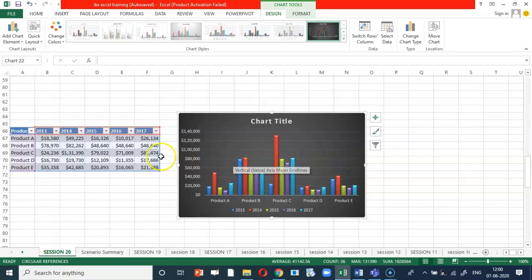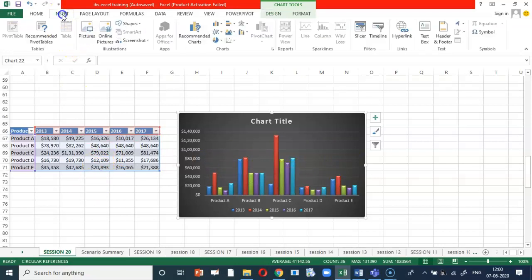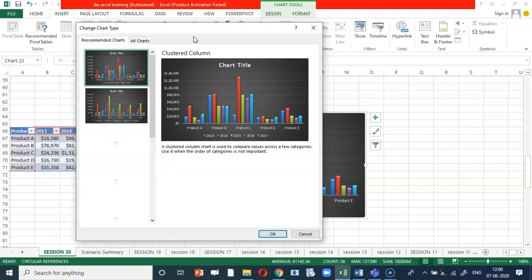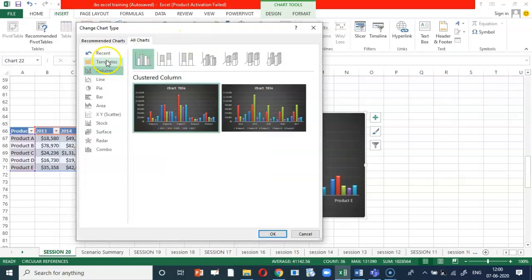So we understood that the selection of chart types, one thing is very sure, is based on the type of data. So if you clearly look at all chart functions here, I have so many types of charts: column, line, pie, bar, area, scatter, stock, surface, radar and combo.